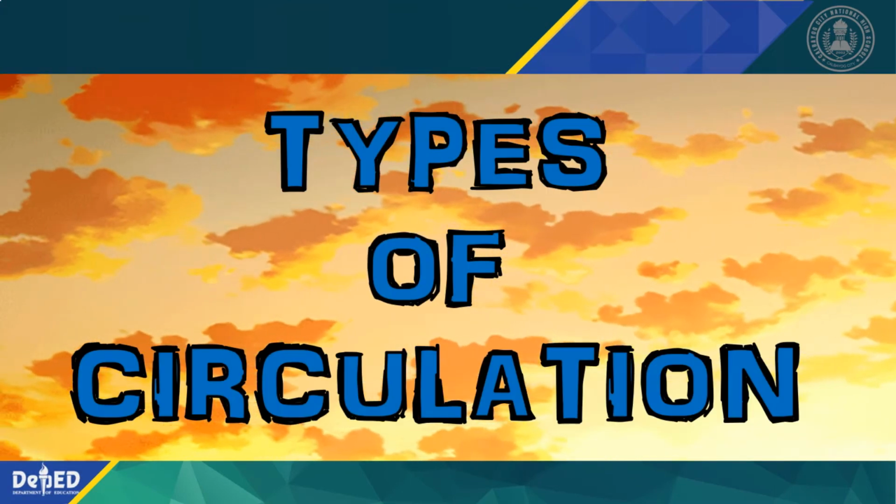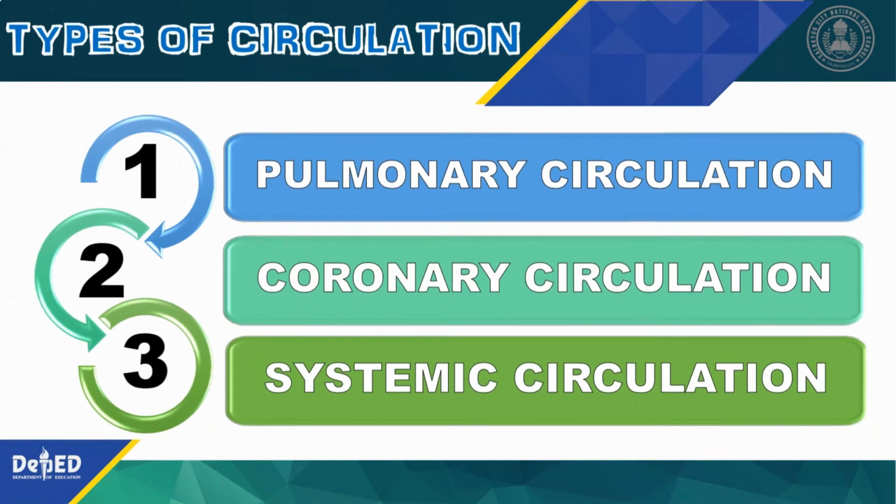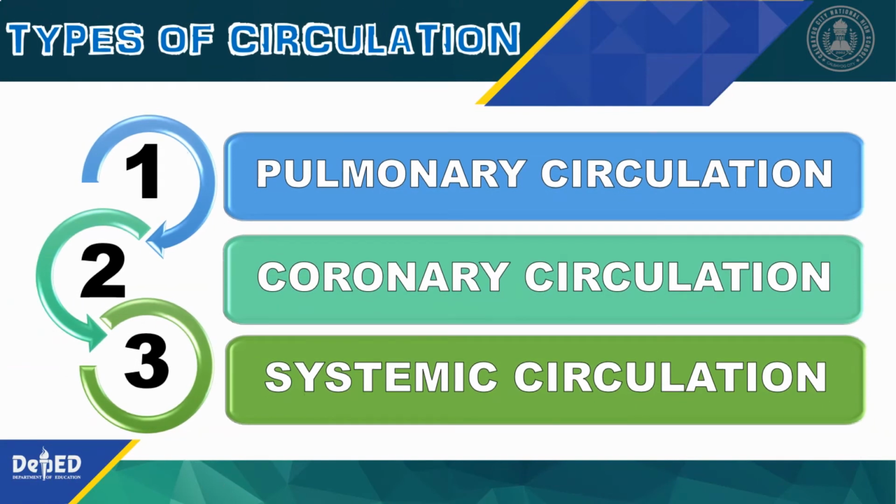Right now, let us learn the three different types of circulation. These are: first, we have pulmonary circulation; second, coronary circulation; third, systemic circulation. Let us discuss the movement of blood in each type.